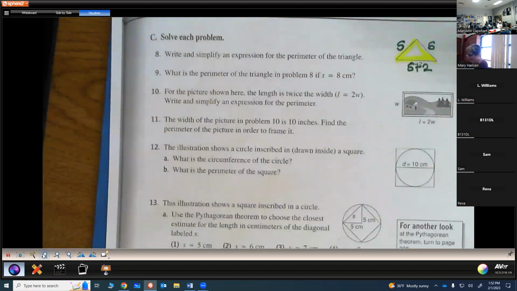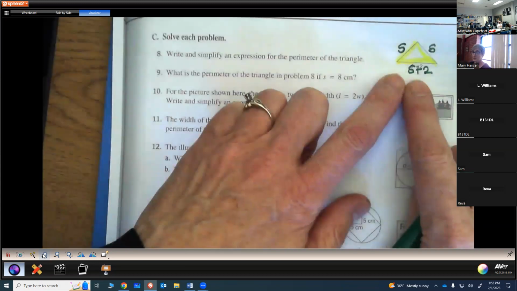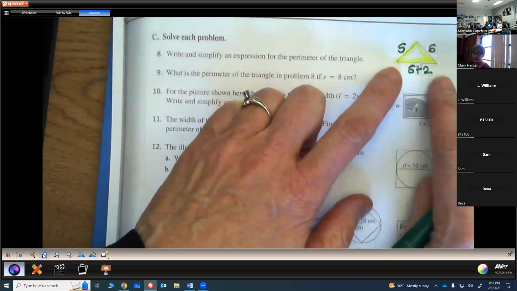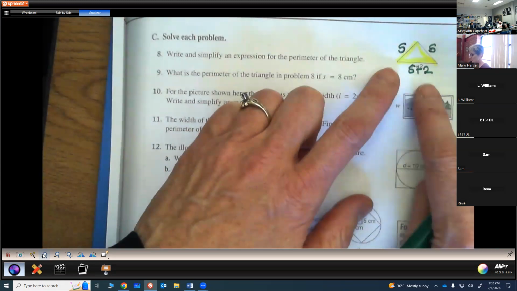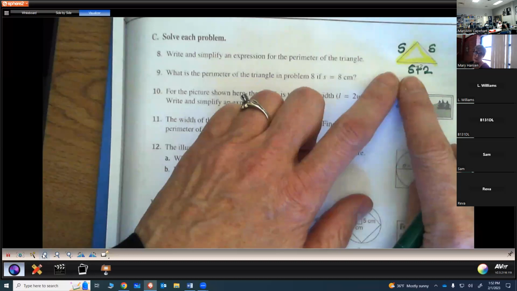Okay, it is. And the point I'm getting at, you're right, it is S plus 2, but we don't know the exact number. We don't know if this side length is 10 or 20 or 85 or 4. All we know is if I knew what S was, I'd add 2 to it, and that's what it would be.